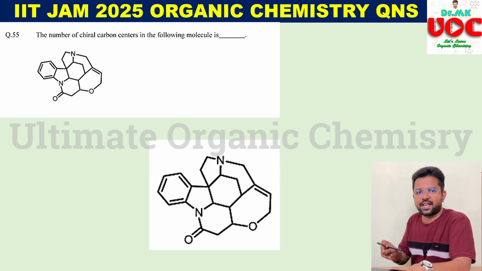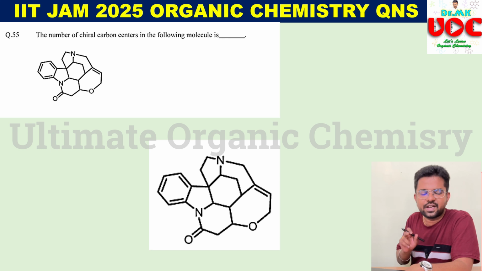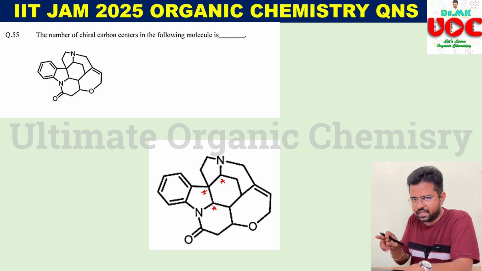This is the last question. Again, this is a simple question. You need to find out the number of chiral centers present in the given molecule. I'm starting from here. This carbon having 4 different groups is a chiral center. This is also a chiral center. And here also there is a chiral center. Don't look at only the first atom. You need to look at the entire part. If you look at the entire part, you are going to get a chiral center here.